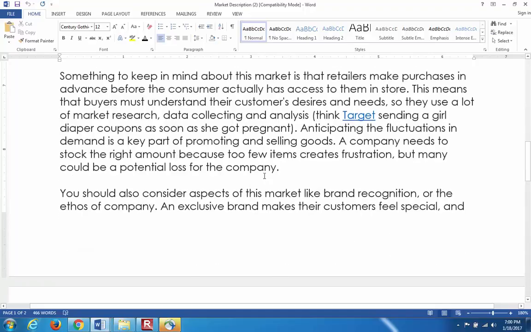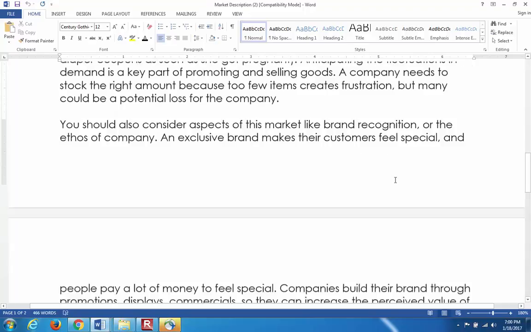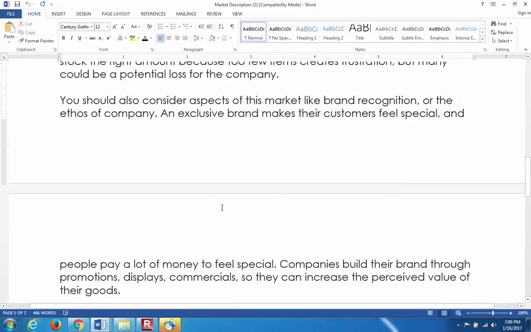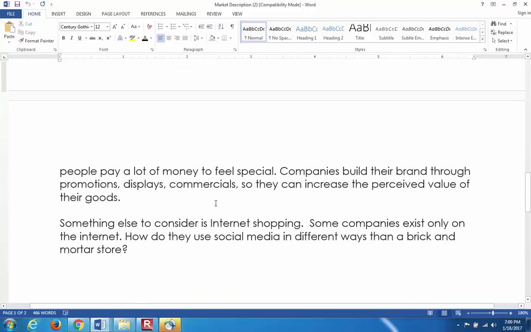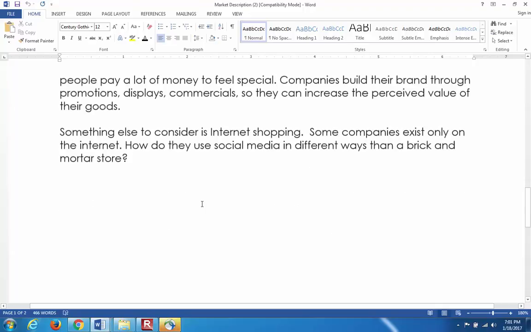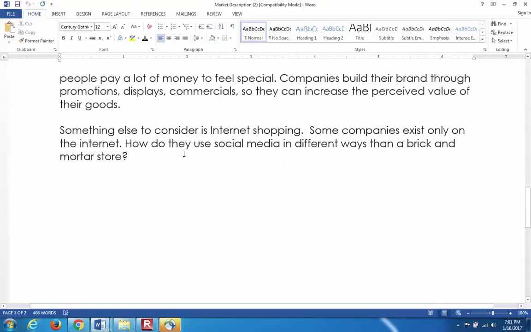Things that you might think about are brand recognition, or how the company presents itself on social media, whether they're trying to make their customers feel special, or if they're trying to promote a luxurious feel to things, because that can increase the perceived value of what they're selling. Something else you might want to consider is companies that only sell on the internet.